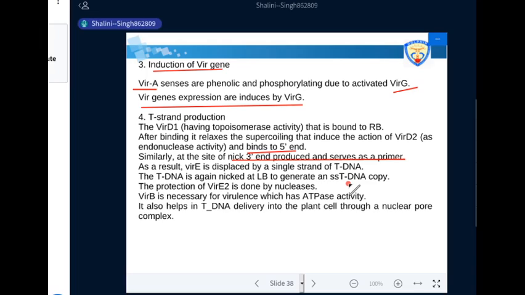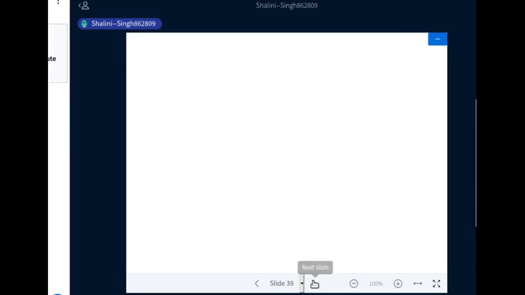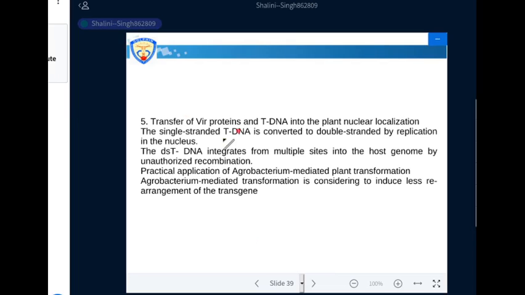VirB is necessary for virulence, which has ATPase activity, and it also helps in T-DNA delivery into the plant cell through a nuclear pore complex. Transfer of Vir proteins and T-DNA into the plant nucleus by nuclear localization.